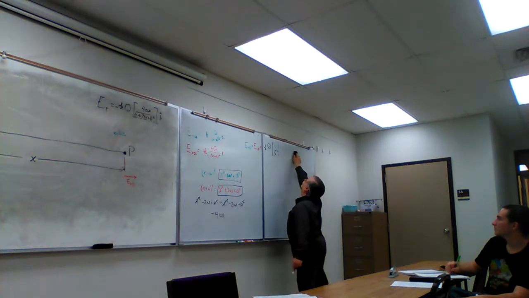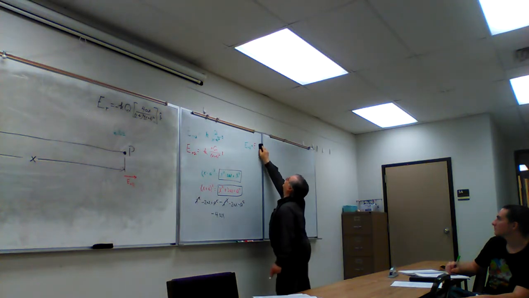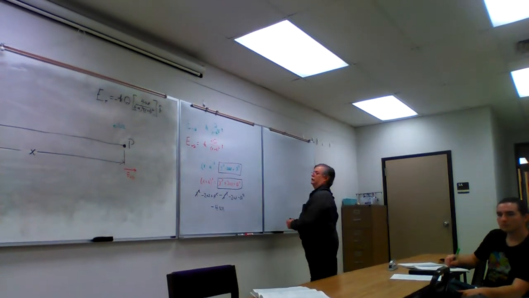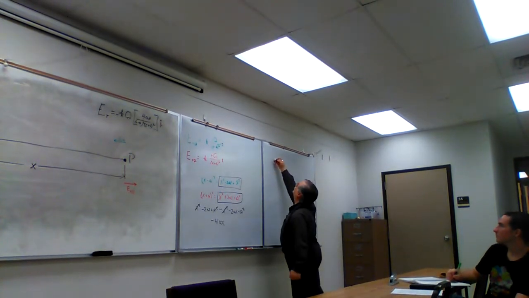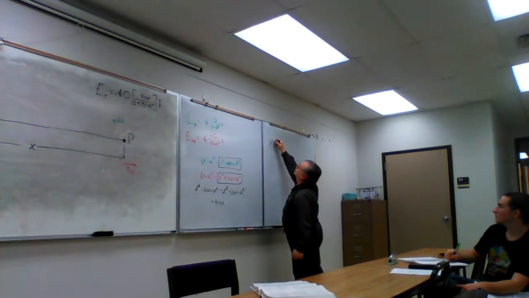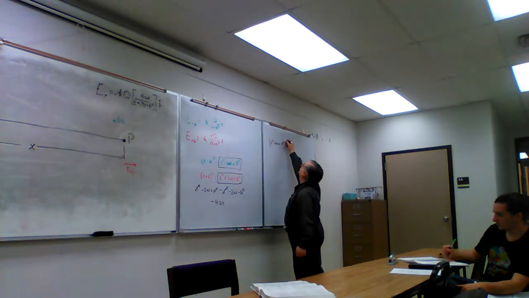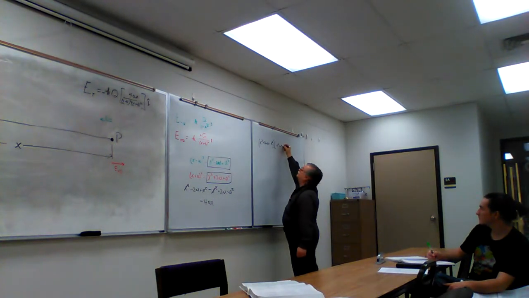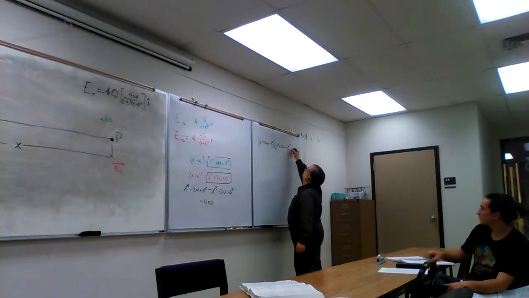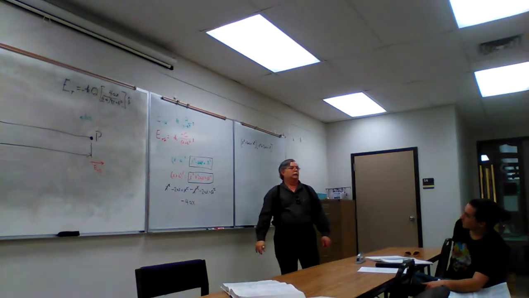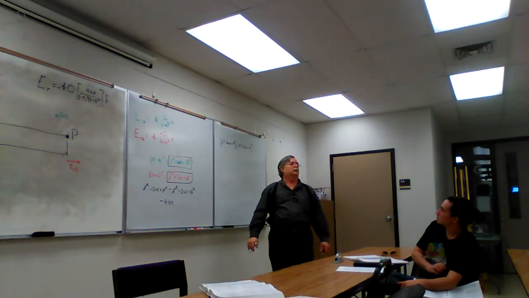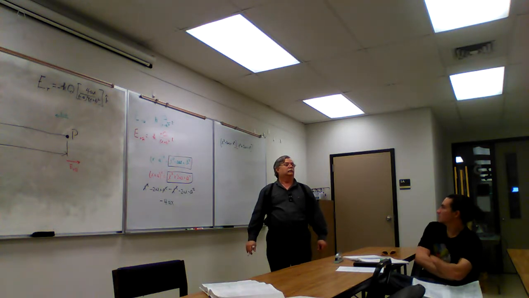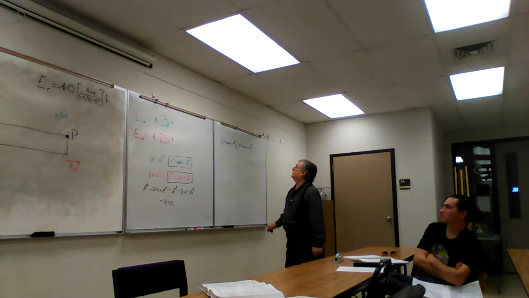Well, let's see if it simplifies any. What are we going to do? We're going to multiply x squared minus 2ax plus a squared times x squared plus 2ax... yeah, let's see if we can get there.